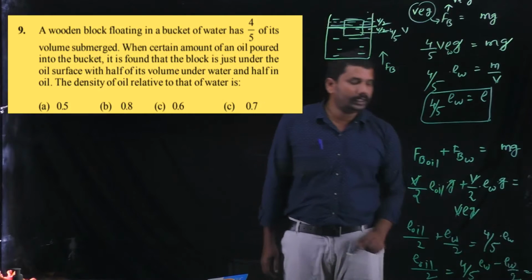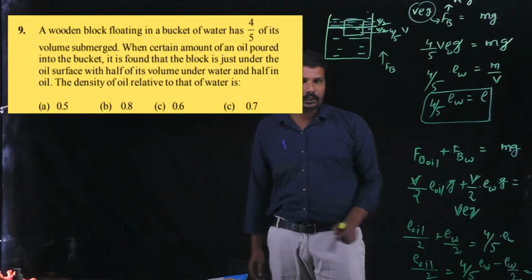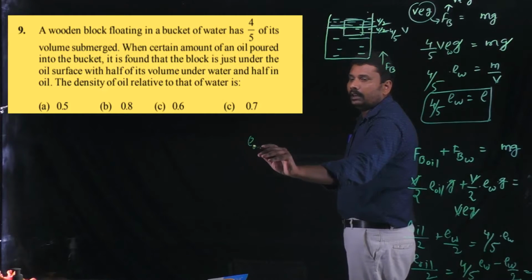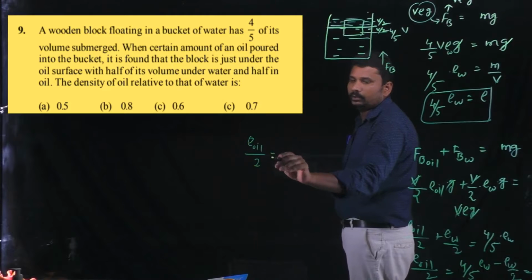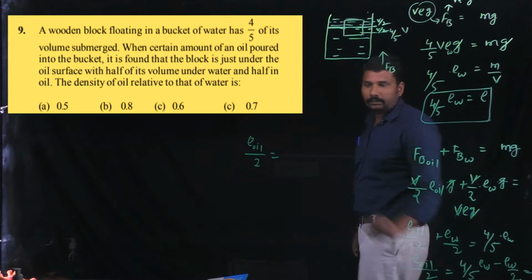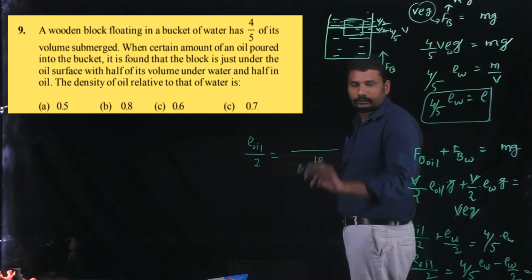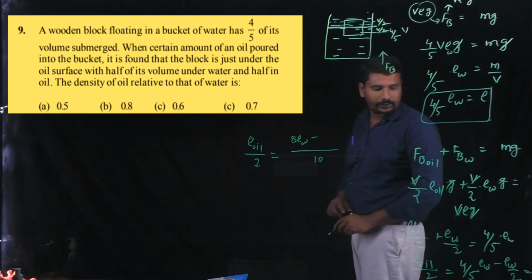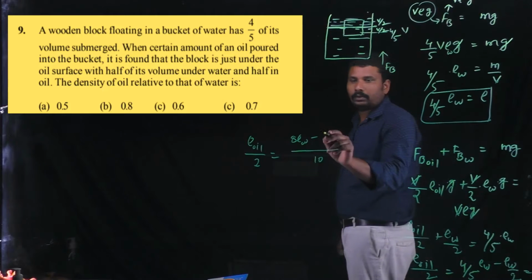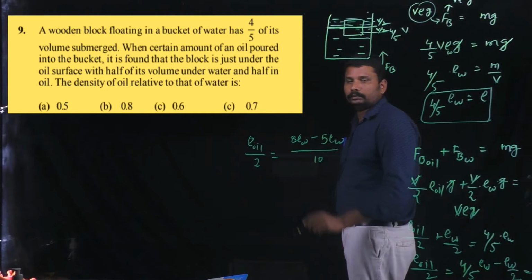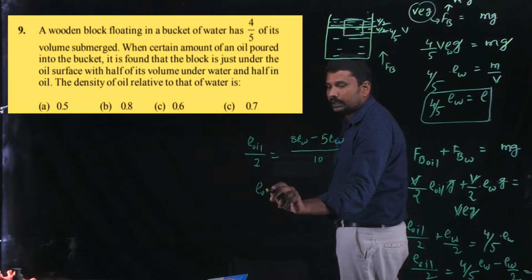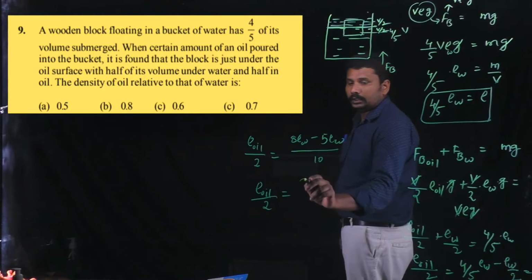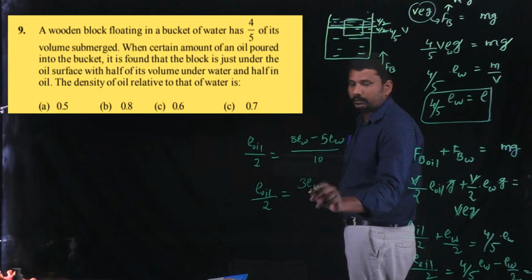By calculating this, here the LCM is 10, and it is 8 rho W minus 5 rho W. By solving this, density of the oil by 2 is equal to 3 rho W by 10.